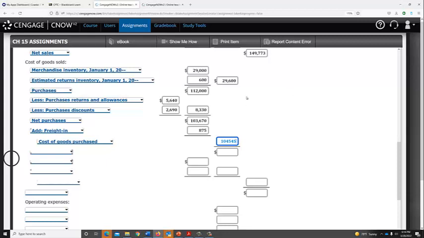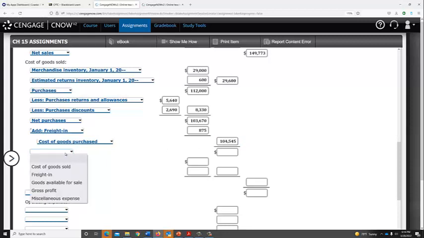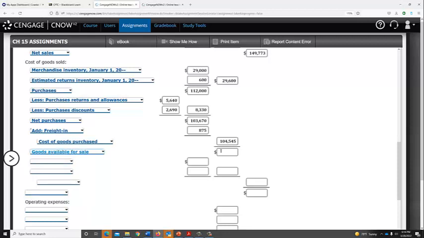So we know what we started the year with in our store, and then we've purchased $104,545 more, and we add those together, and it will tell us the total goods we had available for sale in our store.